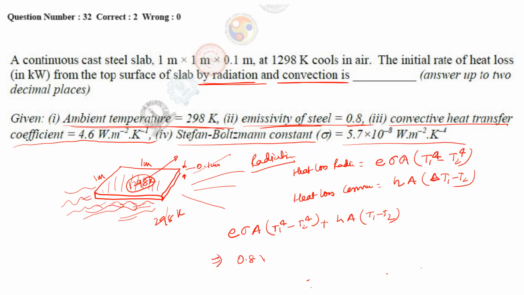E is 0.8. Stefan Boltzmann constant sigma is equal to 5.7 into 10 power minus 8, right? And all units are in standard, so let it be. And area, it is asking about the top surface only, so area will be what? 1 meter by 1 meter, so 1 meter square.